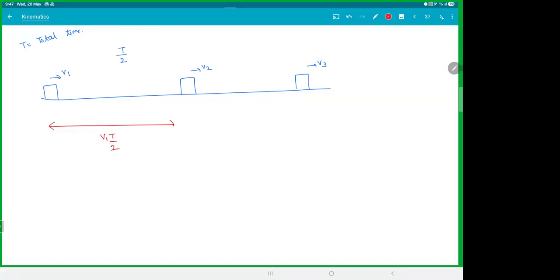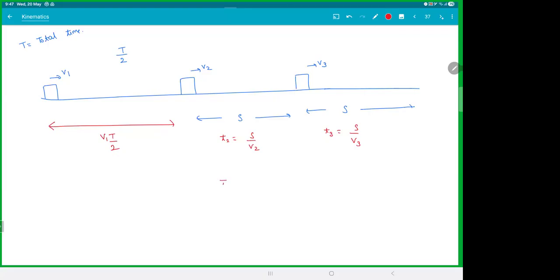Great. Now whatever is the remaining distance left, let's call this s and this s. What is the time here? Let's call it t2 is s by v2. You take any variables you want, and t3 will be s by v3. Perfect.